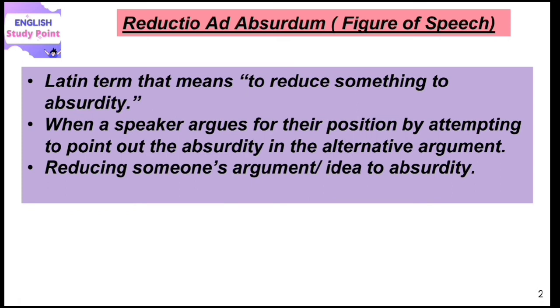In this way he is making himself feel superior, or he is trying to enhance his position in the eyes of readers by showcasing someone's argument as wrong or absurd. So this is called reductio ad absurdum.